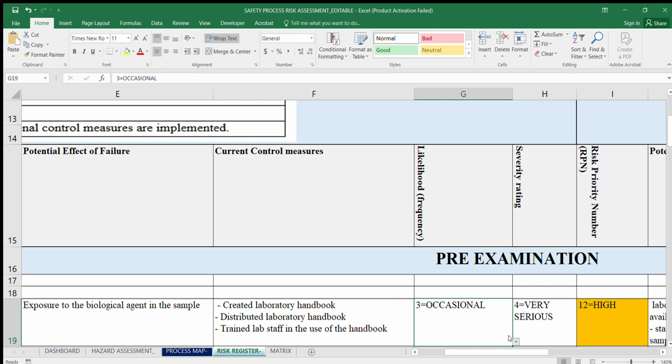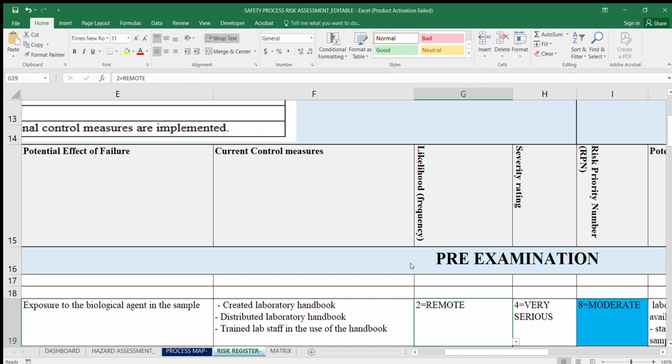So if it has never happened before, and you at least have some current control measures in place, then maybe you're going to say this will be remote, because there are certain measures that you may be missing.